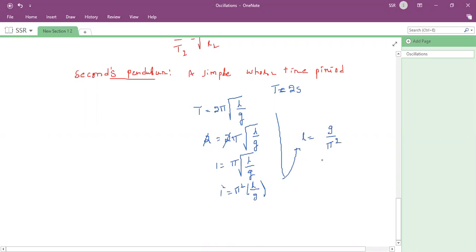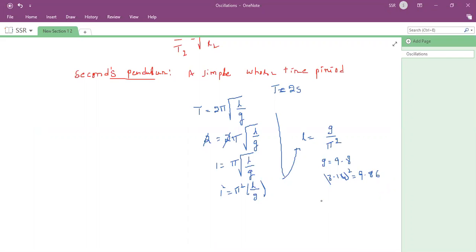G value you know, 9.8. And pi squared, with pi equal to 3.14, 3.14 whole squared is approximately 9.86. So 9.8 by 9.86 is approximately 0.994 meter.